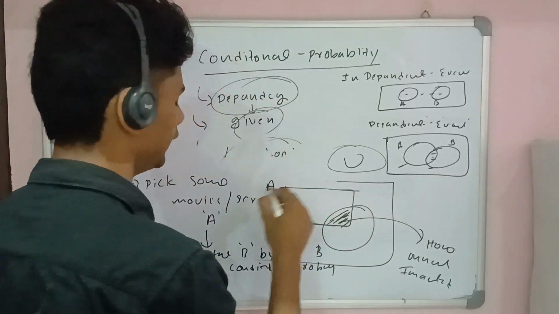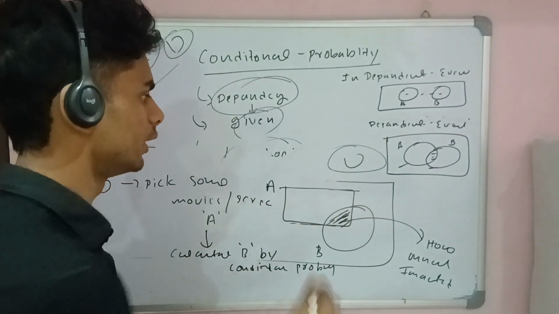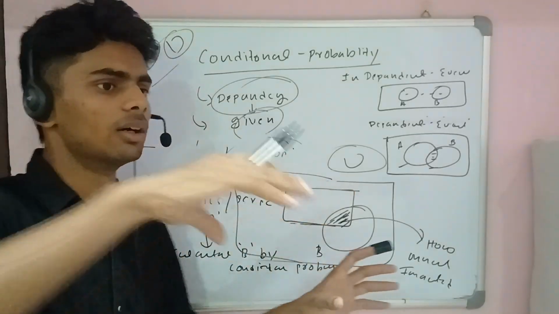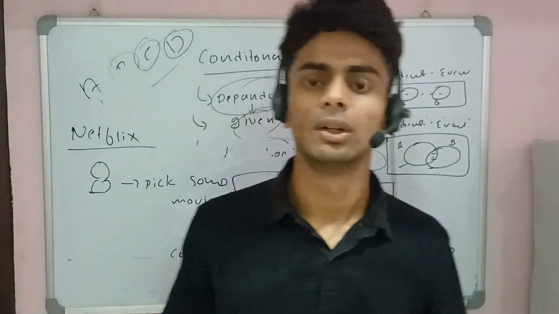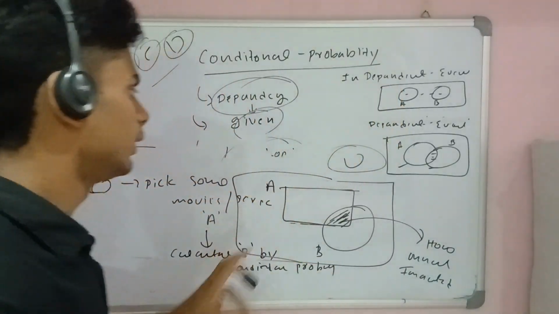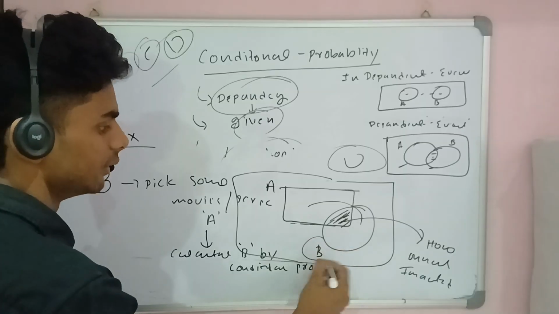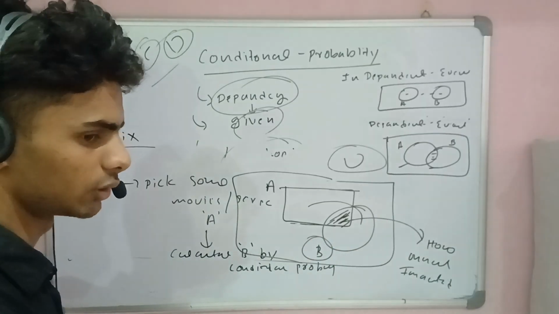Now suppose this event A is the movies you pick out of the entire space of movies and series, the entire set of data points. You pick one of them, and then Netflix recommends something like B, a particular movie or series related to what you selected.